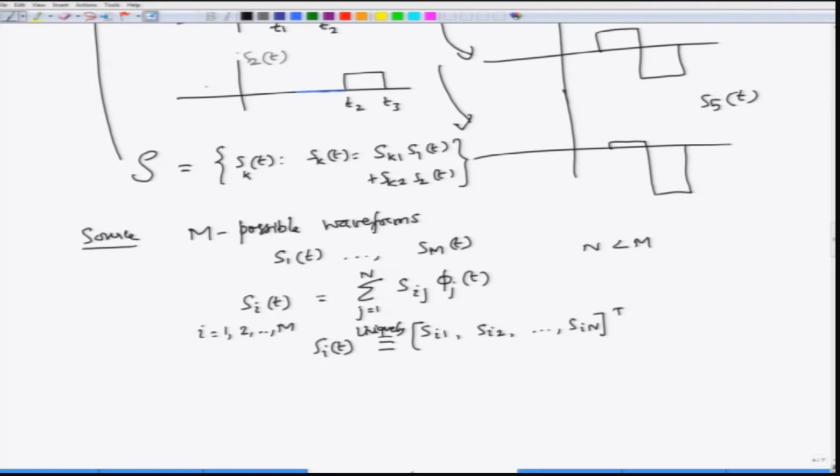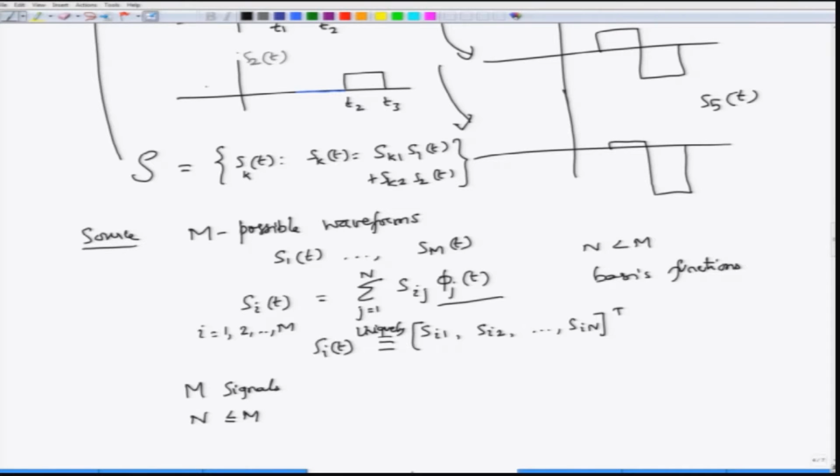Of course, you might want to ask what is this phi j of t? These phi j of t are called basis functions and we should be able to find n such basis functions. That is, given a set of m signals, we can find n which could be less than or equal to m. In the worst case, n will be equal to m.